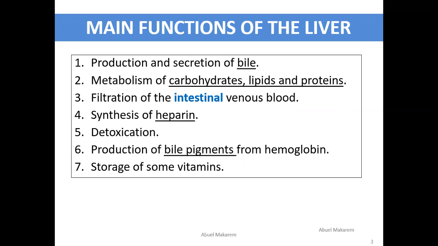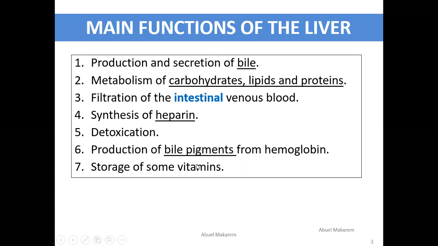So it will detoxify any harmful substance which has been taken up. Then the production of the bile pigments from the hemoglobin. Once the hemoglobin is broken down, the production of the bile pigment from the hemoglobin will take place here.